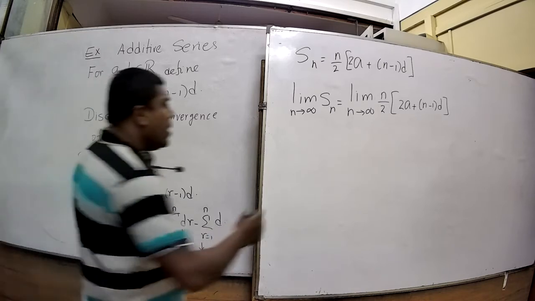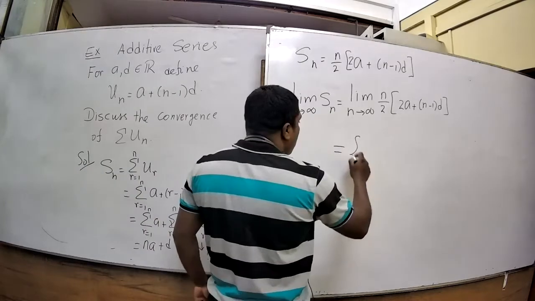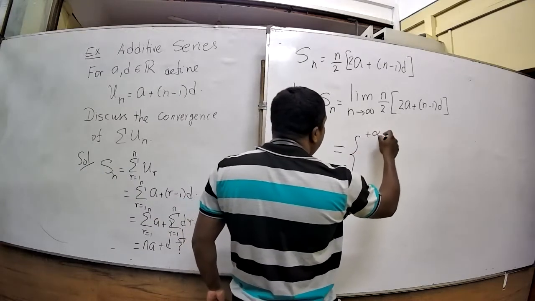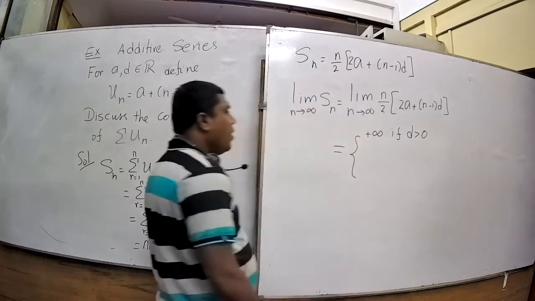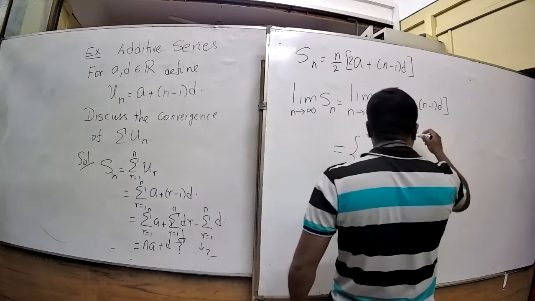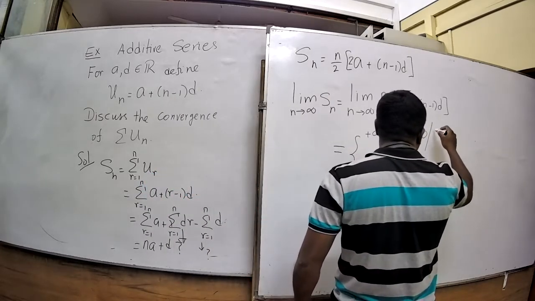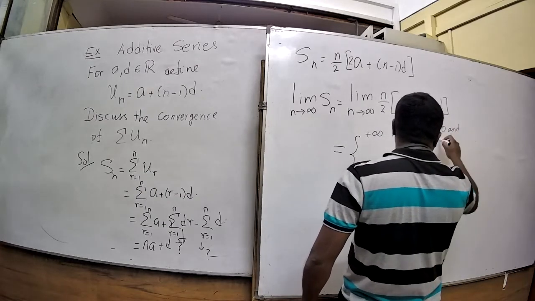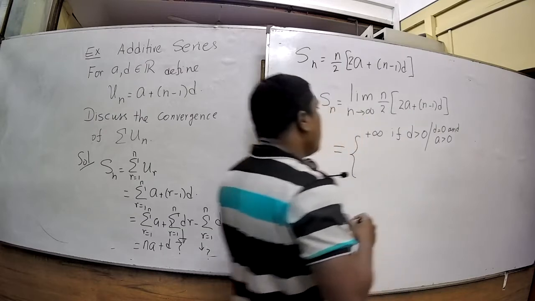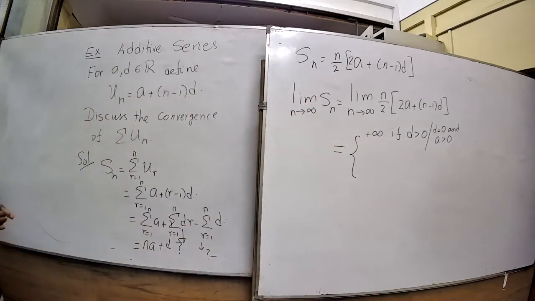So basically this goes to plus infinity if d is positive. Or in this case also, it will go if d is equal to 0 and a is positive. In case d is 0 and a is positive, then also the sequence goes to plus infinity.